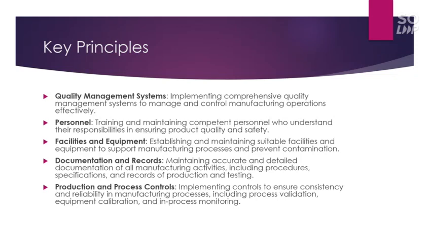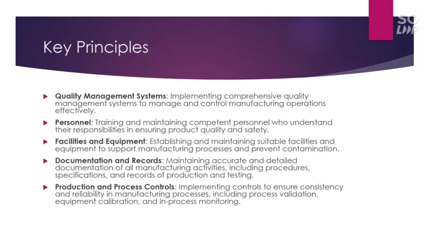The primary goal of GMP is to establish a systematic approach to manufacturing processes to minimize risks, prevent contamination, ensure product consistency, and maintain quality throughout all stages of production, from raw material sourcing to finished product distribution.